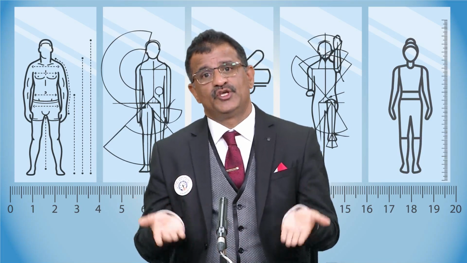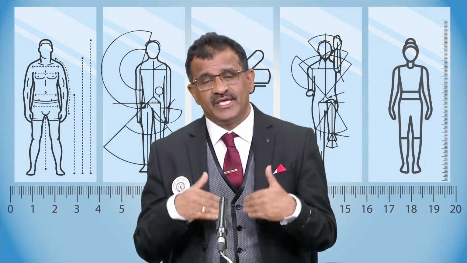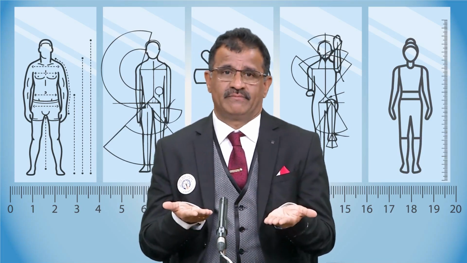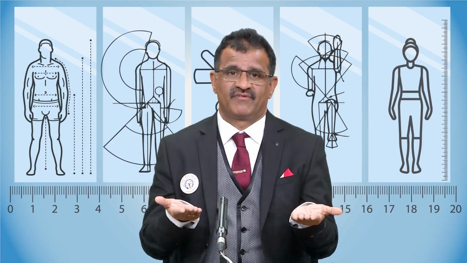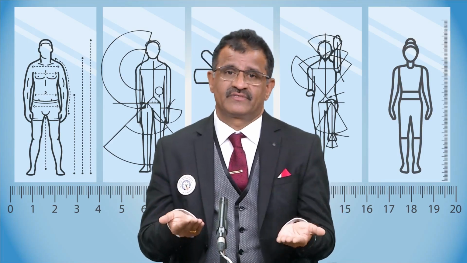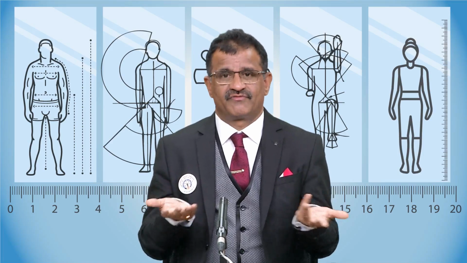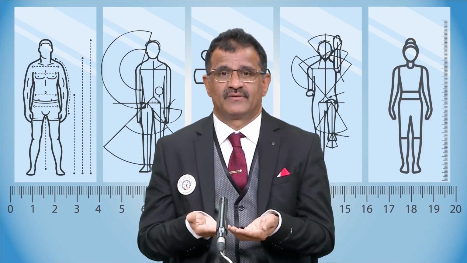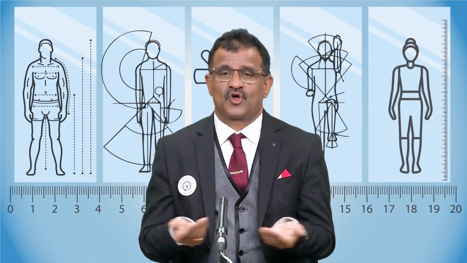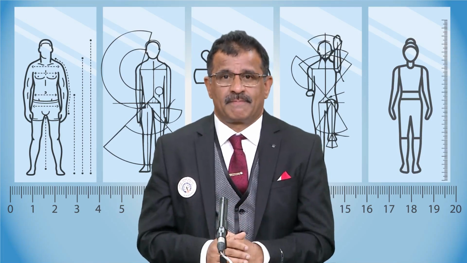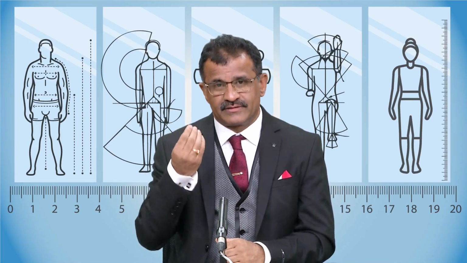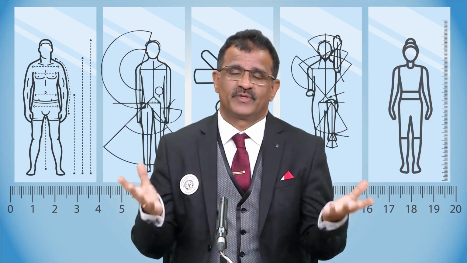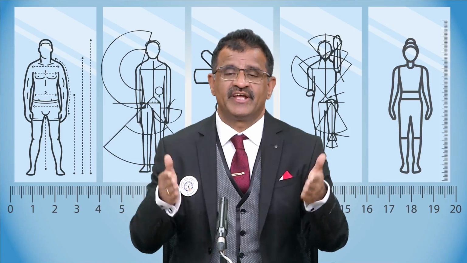Whereas in human anatomy, we dissect the body with the help of scalpels, knives, lots of devices, instruments are required, bone cutters and saws and all that. In a surgery, we require a lot of instruments. We have to invade the body.